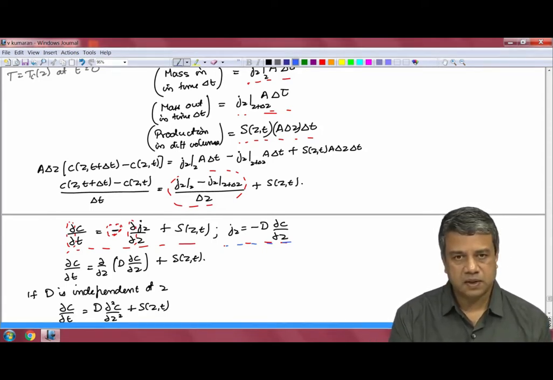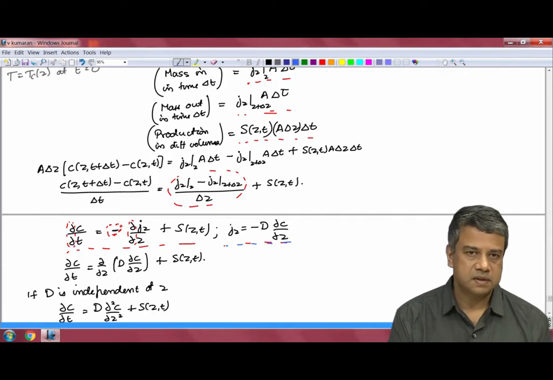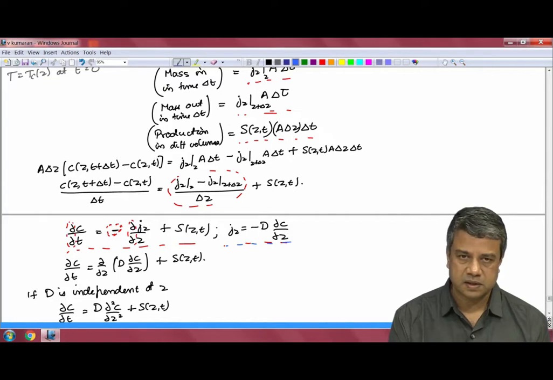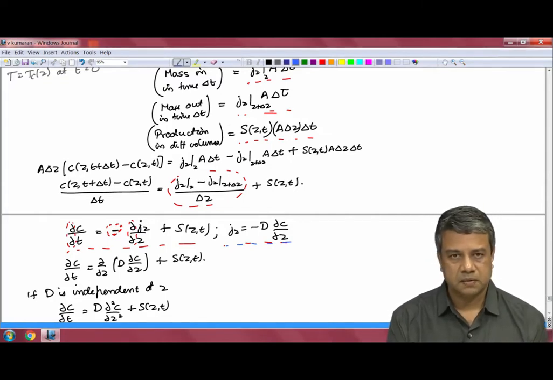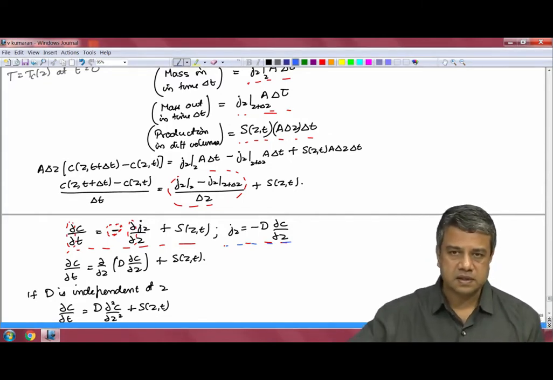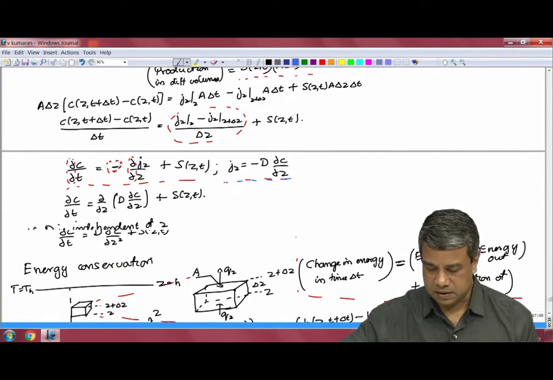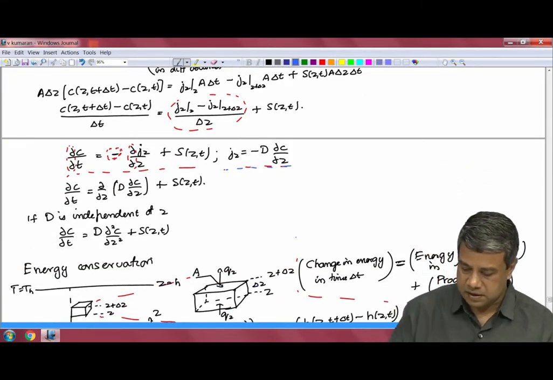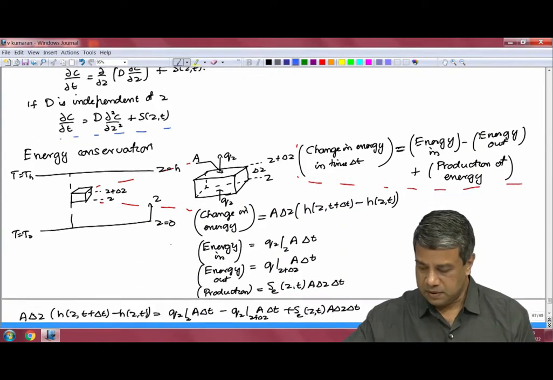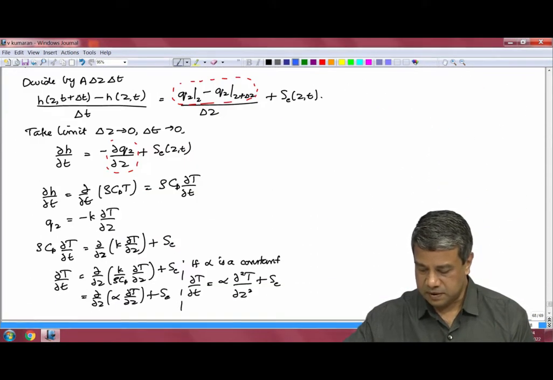Put them both together and you get a differential equation, a diffusion equation, which contains a derivative of concentration with respect to position and with respect to time, where D is the mass diffusion coefficient. If that diffusion coefficient is a constant, then the differential equation reduces further. And we had derived this for mass, and we had derived this for energy as well.